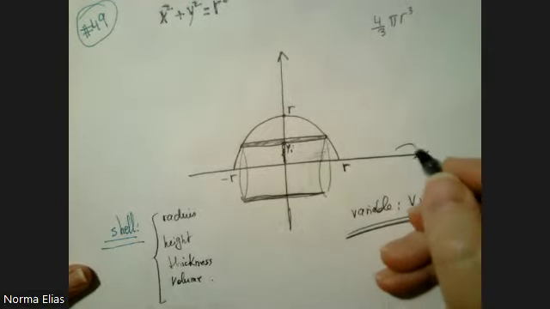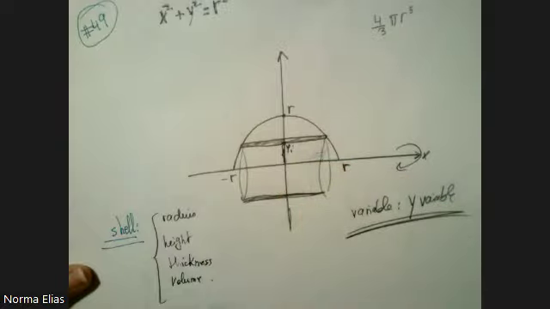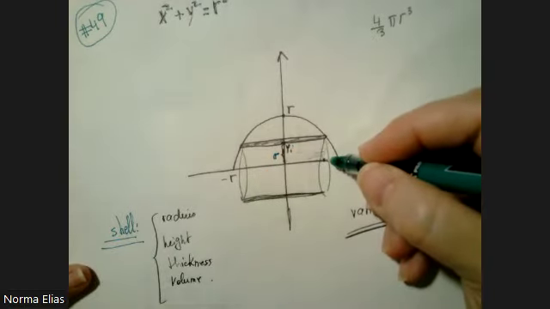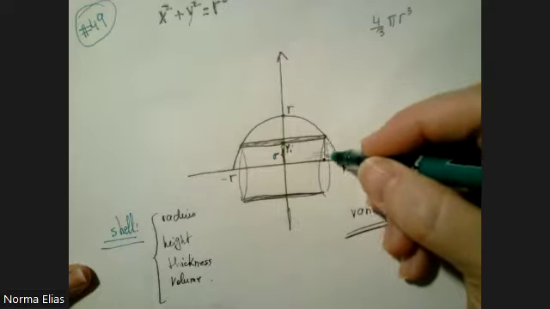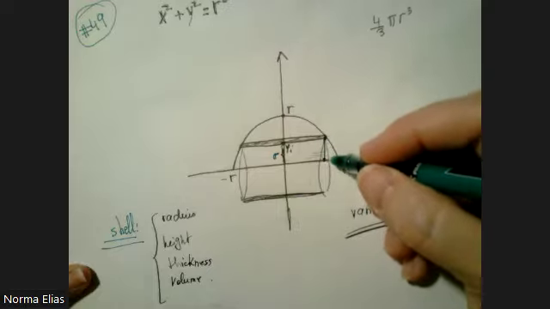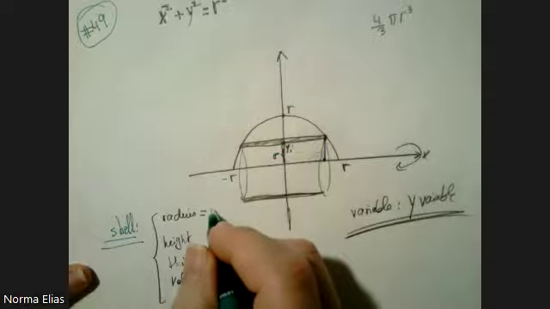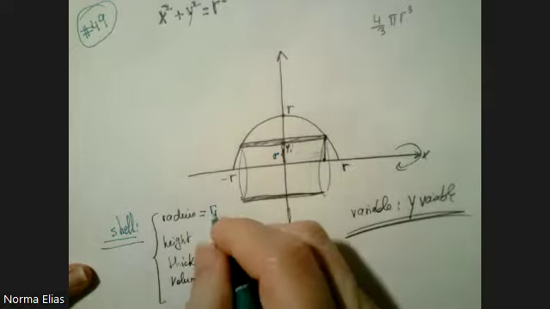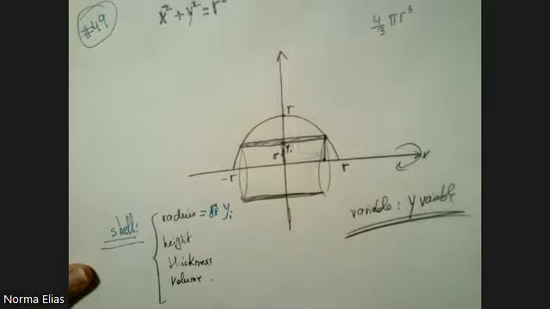Since the axis of rotation is the x-axis, the radius is the distance from the center, which is right here, all the way to the edge of the cylinder. That's the radius of my shell. It's y_i.